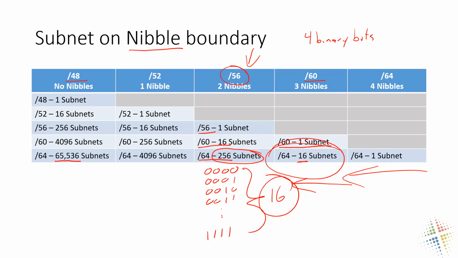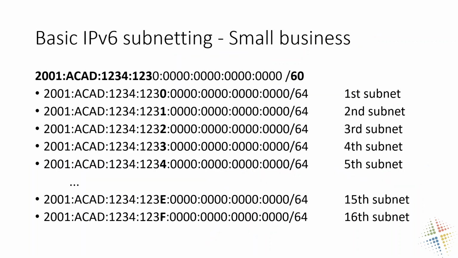Okay, so how this works. Well, here we have a small business scenario. And the ISP has given us this address, a /60. So 2001 ACAD 1234 123 /60.